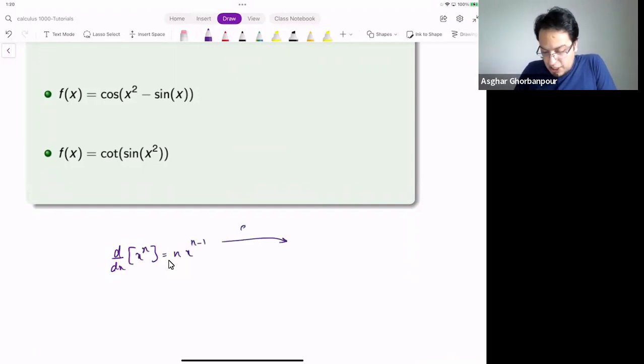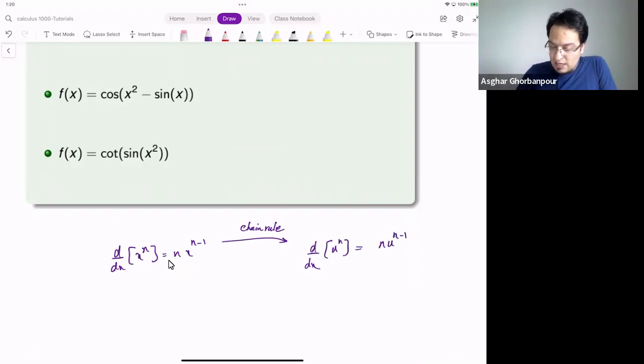If you apply the chain rule here, instead of x to the power n, you have a function to the power n. In that case, you will have n u to the power 1 less. That's still there, but the chain rule says that you have to multiply it by the derivative of the inner one, which is u prime.